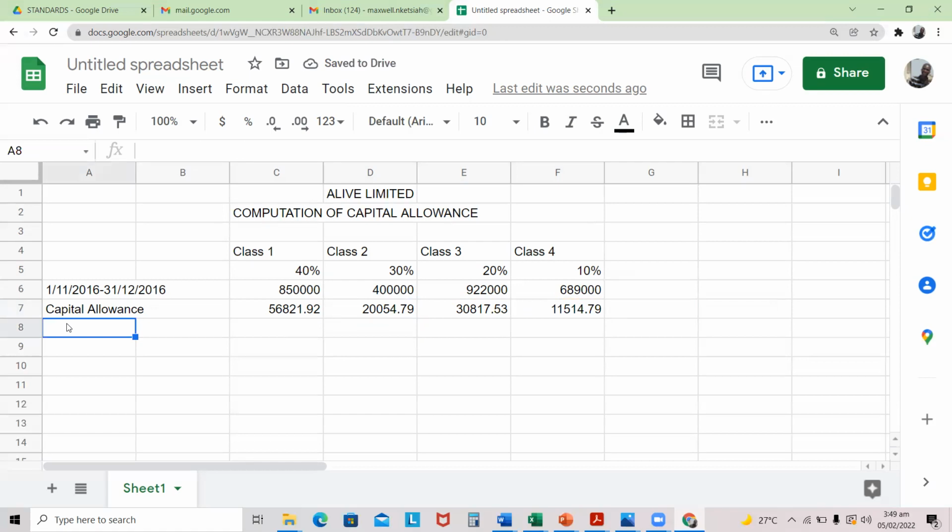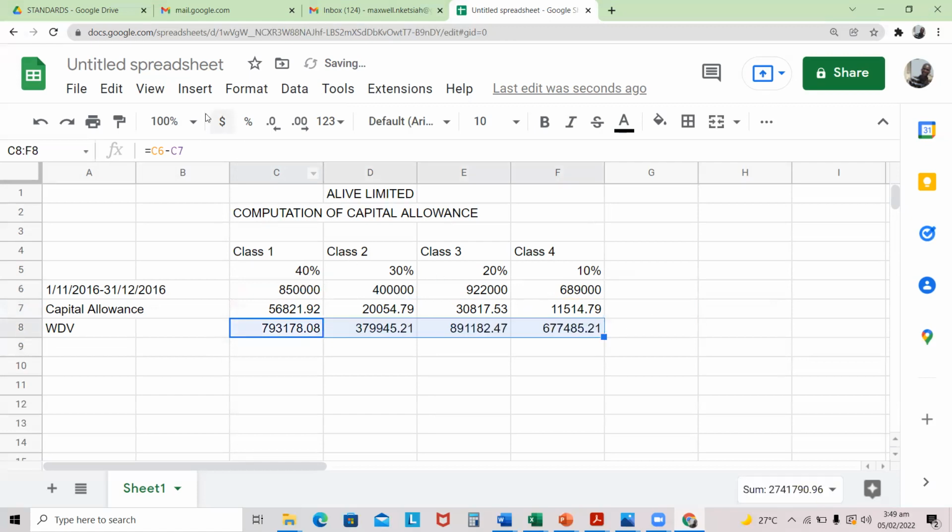Okay, so our written down value will be this amount minus this. So that's our written down value for 2016.